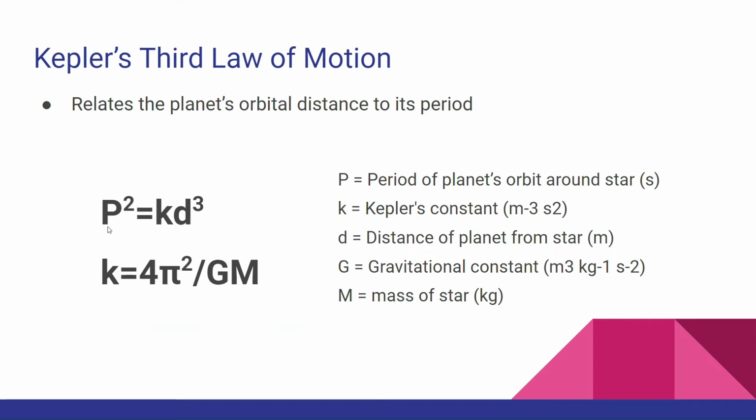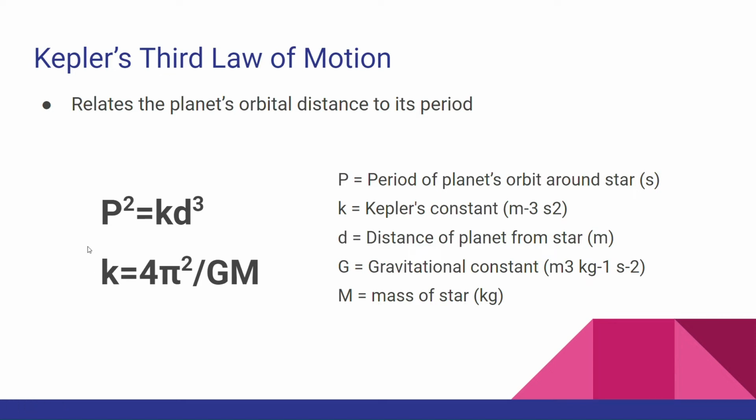So the equation is P squared is equal to K D cubed, where P is the period of the planet's orbit around the star, K is Kepler's constant, and D is the distance of the planet from the star.